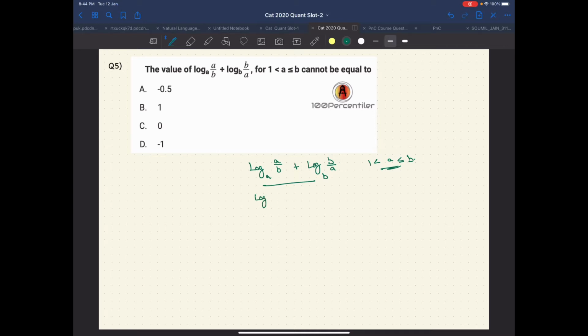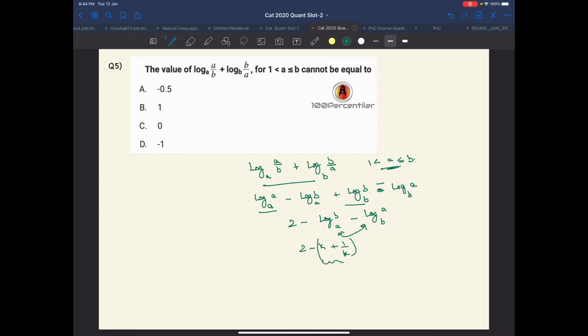This can be written as log a to the base a minus log b to the base a plus log b to the base b minus log a to the base b. So this is 1, this is 1. So we are left with 2 minus log b to the base a minus log a to the base b. These are reciprocals of each other. We can write this as 2 minus k plus 1 upon k.